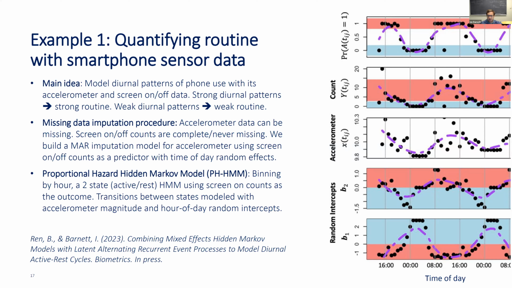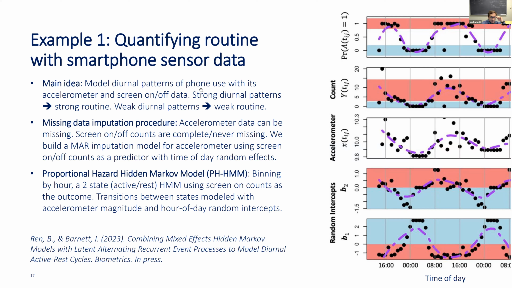In this case, we are using smartphone data to quantify a person's routine, but this quantification is purely based off of phone use. If your phone is not a big part of your life, if you don't use it much, this measure isn't going to be as good for you. It's going to contain less signal. So this is always a disclaimer: these features are useful, but whenever we say we have a routine metric, we always have to qualify that it is based off of phone use.